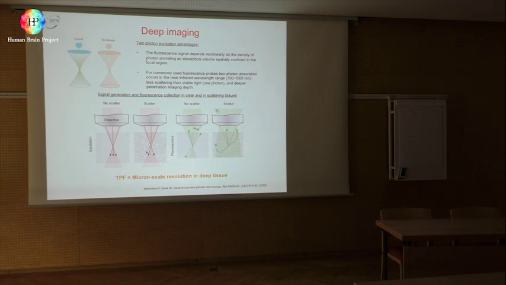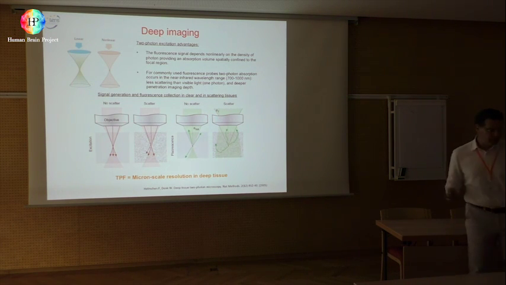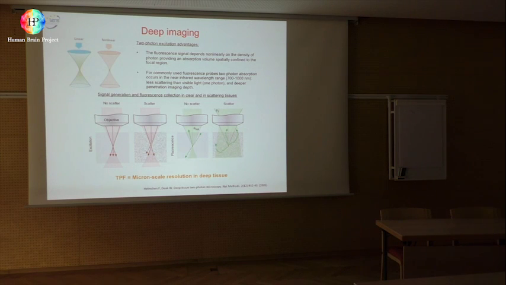Can this be recovered? There are many techniques, and one of these is adaptive optics. Adaptive optics is a deformable mirror which was invented in astronomy to remove the turbulence of the atmosphere, and can also be used in microscopy, but I won't go into much more detail on this.